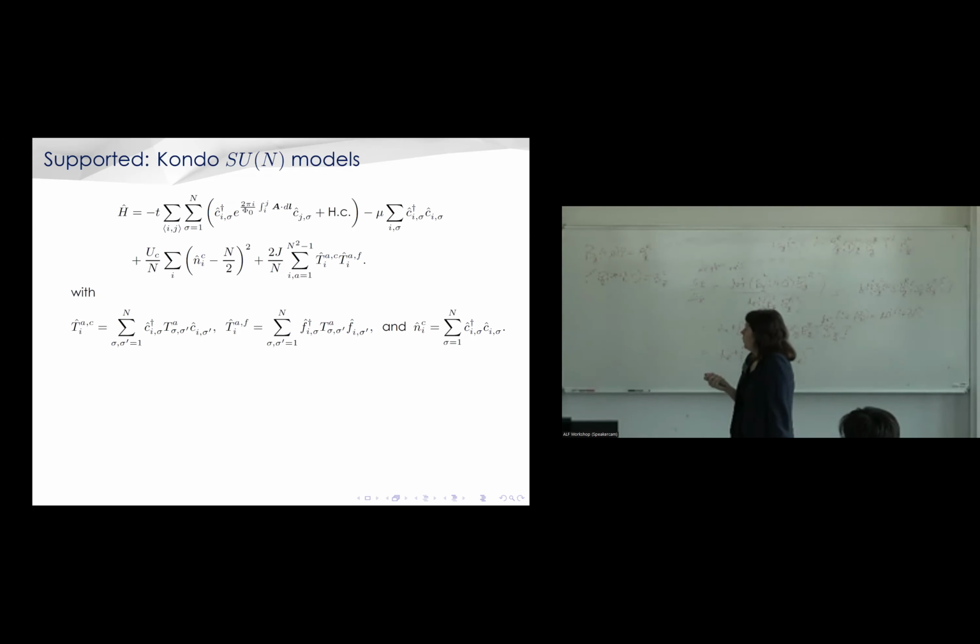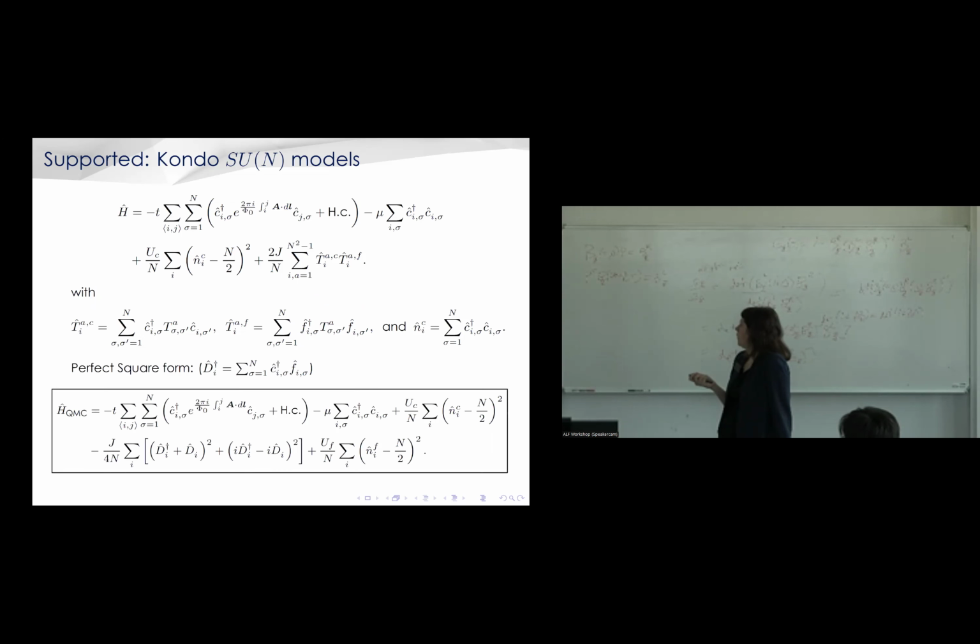And then beyond that, we also have supported the Kondo SUN models, where we have basically fermionic bosonic interactions, but the bosonic ones are fermionized. So we have 2 types of fermions in the Hamiltonian. And so then you can read a lot more about this in the documentation if you're interested.